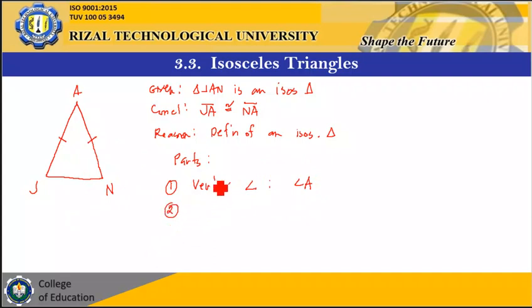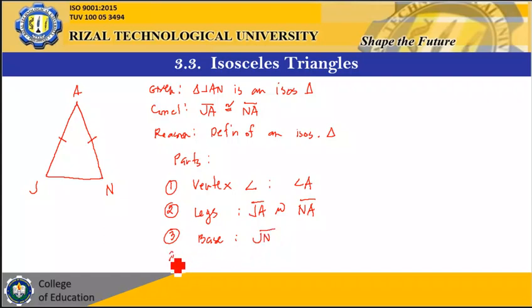Next, we also have the legs. The legs of the isosceles triangle are segment JA and segment MA. We also have the base of the isosceles triangle, which is segment JN.